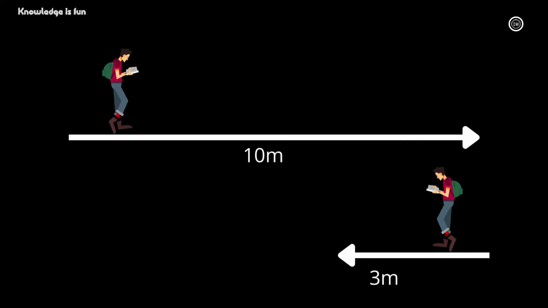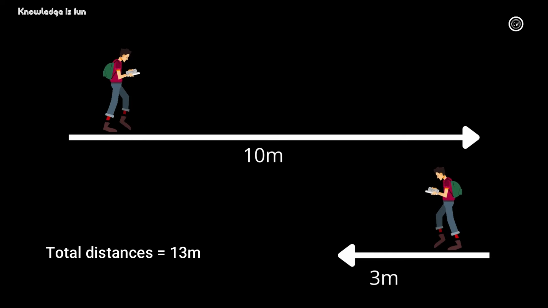In the case of distance, the boy travels 10 meters. That's the first distance. The boy travels back in the opposite direction 3 meters. So the total distance is 13 meters. That is for distance.